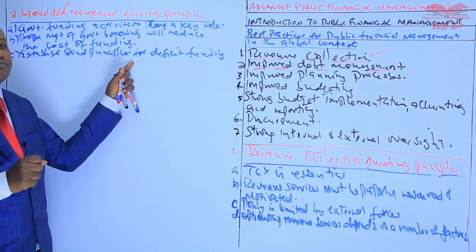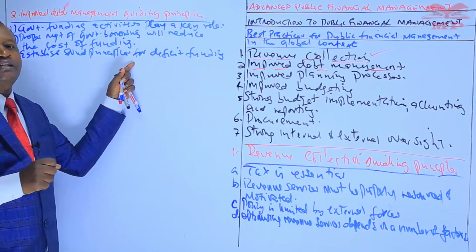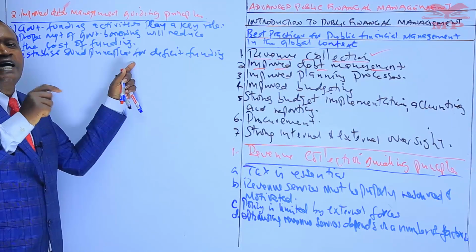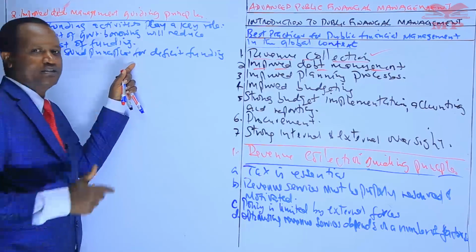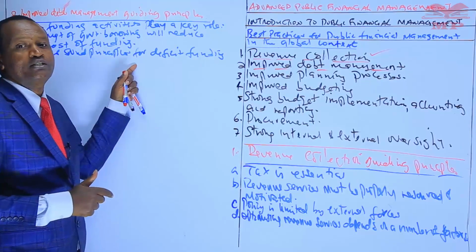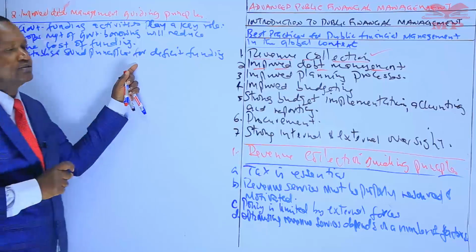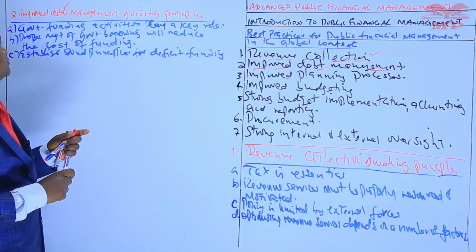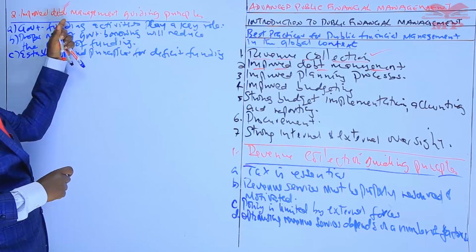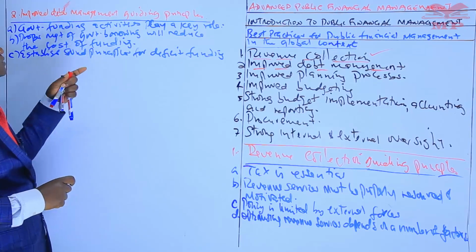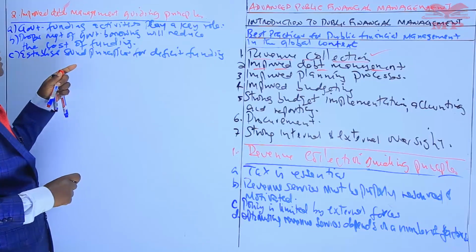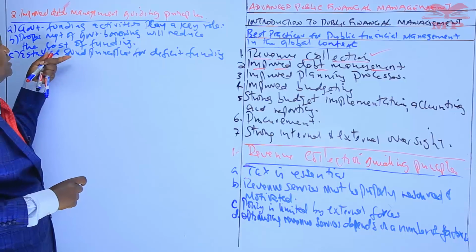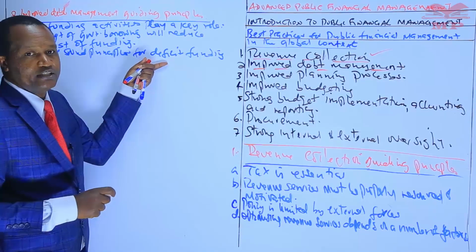And lastly, the accumulation of arrears is the same as overspending and should attract the same penalties. That's a good principle for deficit funding. So when managing debt, the government should establish sound principles for deficit funding.